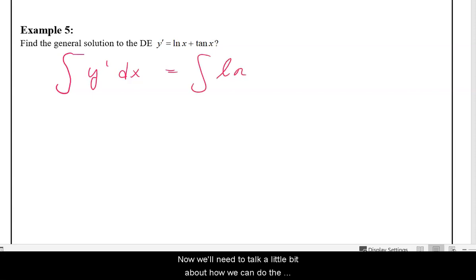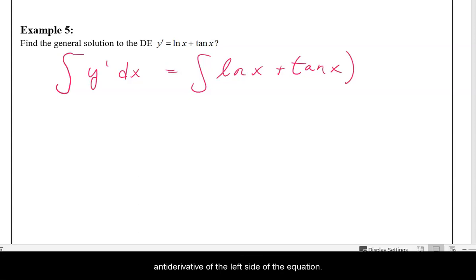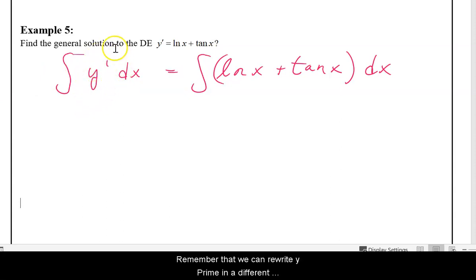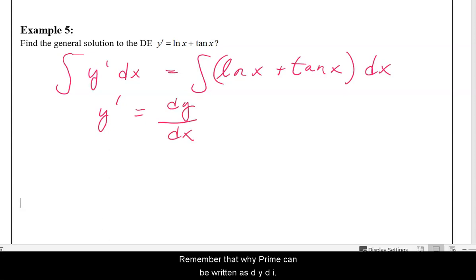Now, we'll need to talk a little bit about how we can do the antiderivative of the left side of the equation, given that this is y prime. Remember that we can rewrite y prime in a different format. Again, this is the genius of Leibniz's notation. Remember that y prime can be written as dy dx.